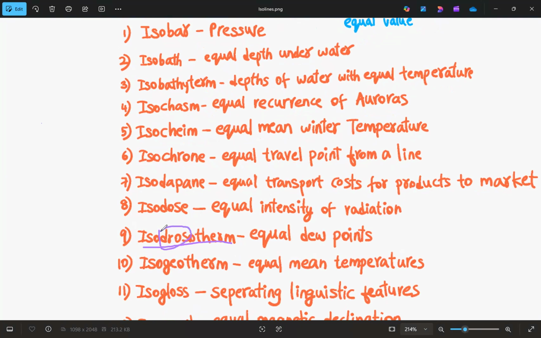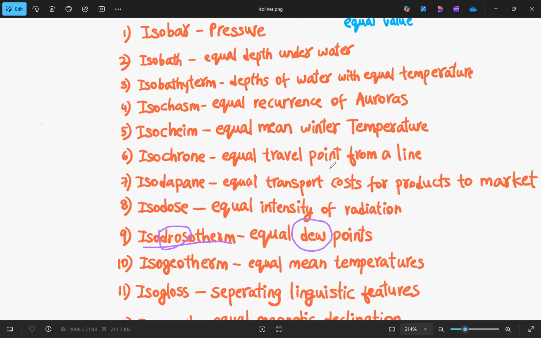We have dress, or drosso; we can take it as dress. On the dress we have sprayed dew. We know what dew is. So after dressing we spray dew. This is how we can remember isodrosotherm, that has equal dew points.